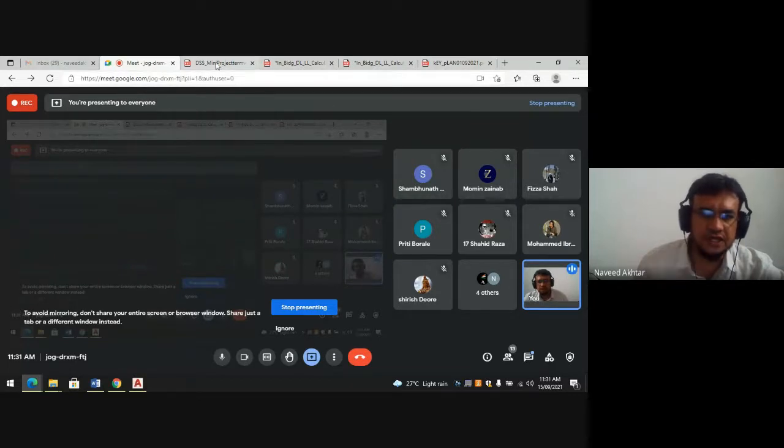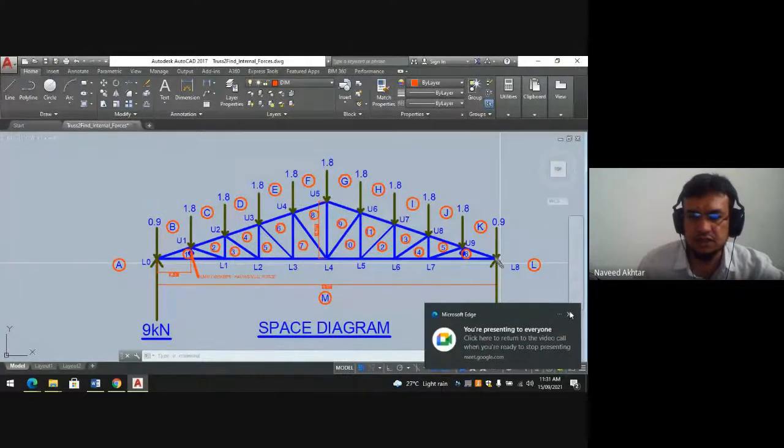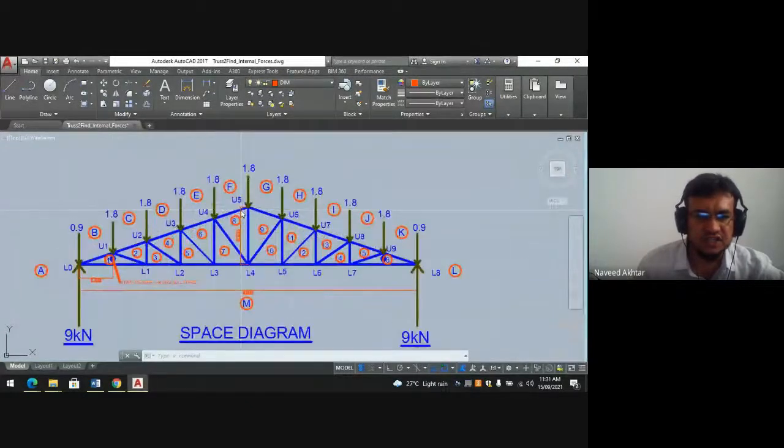So already up to that in our plan, this is the space diagram. In the space diagram the external forces are 0.9, 1.8, 1.8, and the reactions at L0 and L8 are 9 kilonewton each.